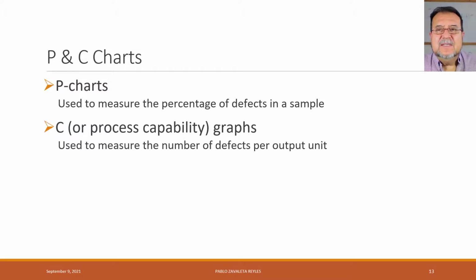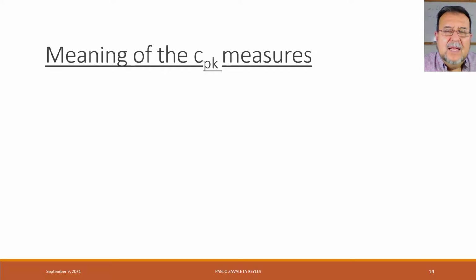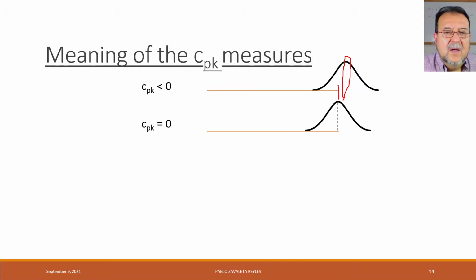Now, in the case of the C, let's talk about what are the meanings of the CPK measures. In this case, the CPK is less than 0. As you can see, the average is outside this bound. When the CPK is equal to 0, it starts hitting it. And the CPK can go from 0 to 1.